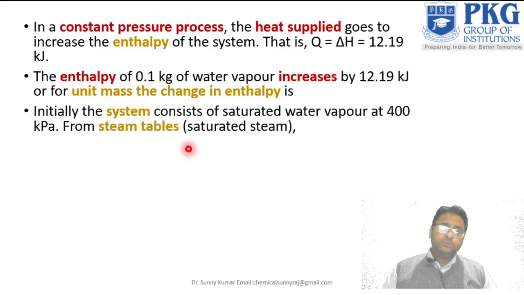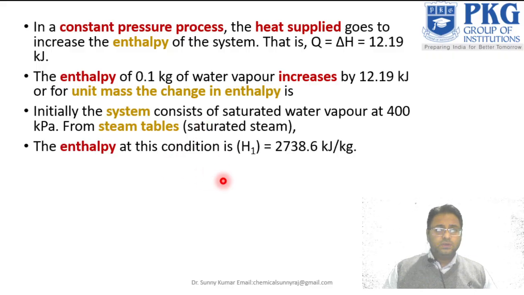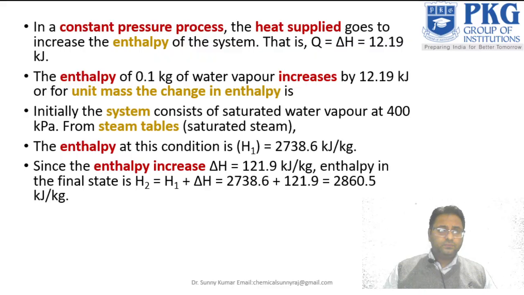Initially the system consists of saturated water vapor at 400 kilopascal, and from the steam tables the saturated steam enthalpy will be 2738.6 kilojoule, and this enthalpy increase is 121.9 kilojoule. So it is the initial state and this is the final state.